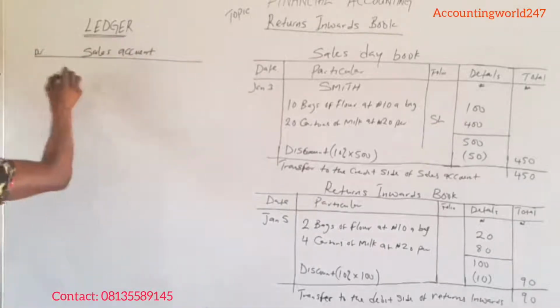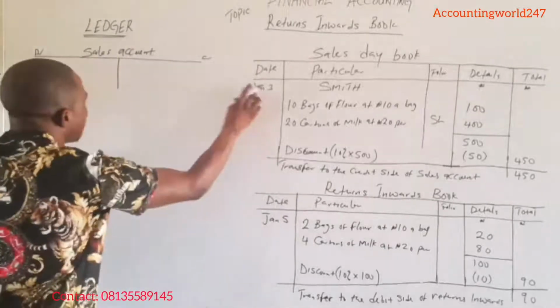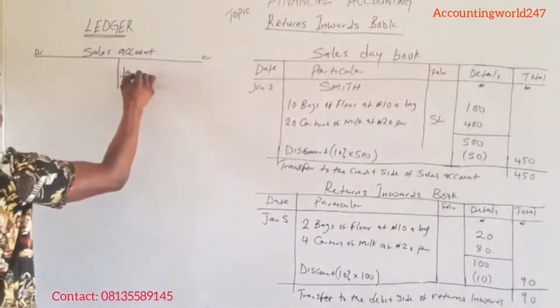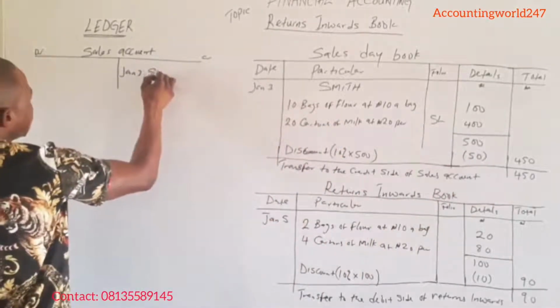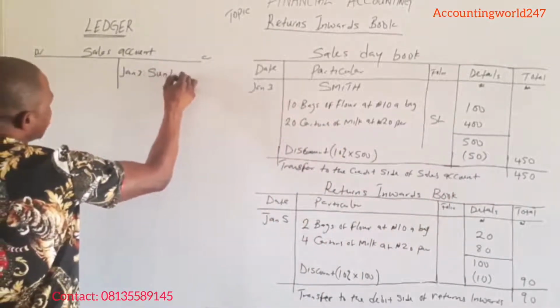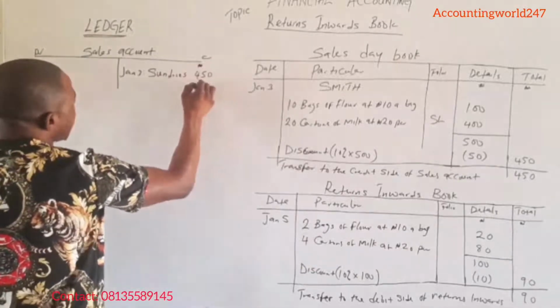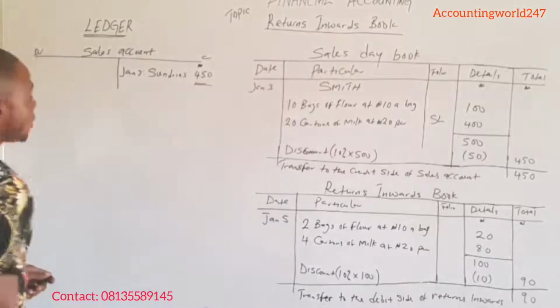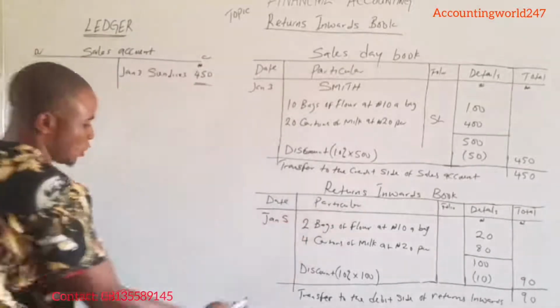You have the debit side and the credit side. The date is January 3rd. We are going to have January 3rd here with the value. We call it sundry. We have the sundries, which is 450 naira. That's the total sales.